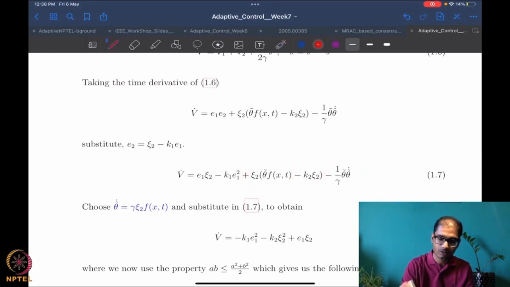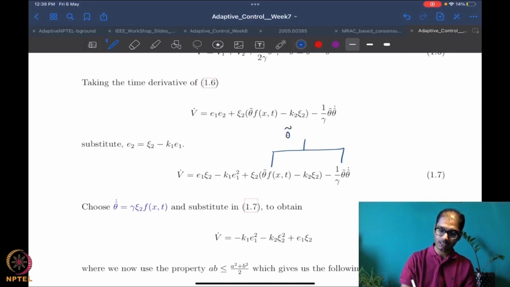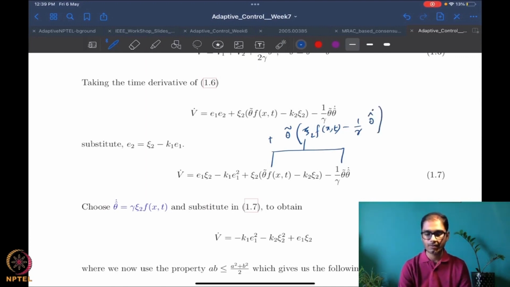All right, so these terms together can actually be written as theta tilde times psi2 f of x, t, minus 1 over gamma theta cap dot.